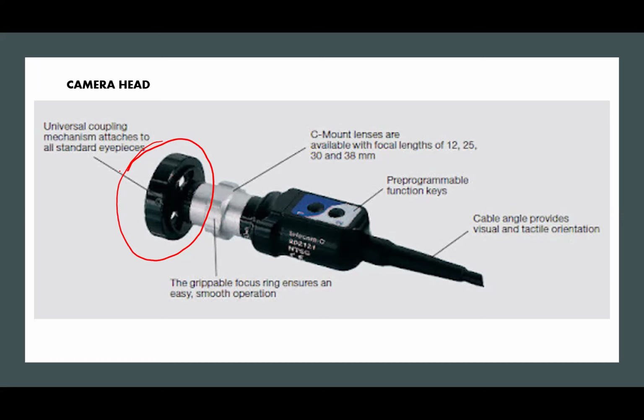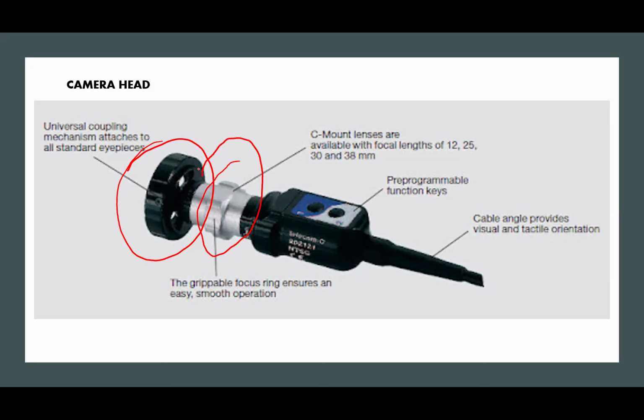So you have an adjustable knob here. This adjustable knob is used for creating focus of the camera.